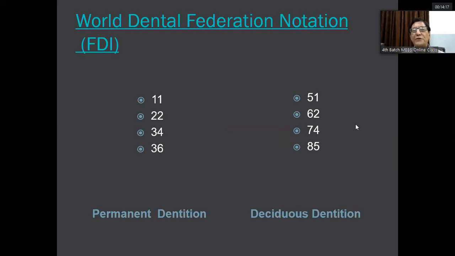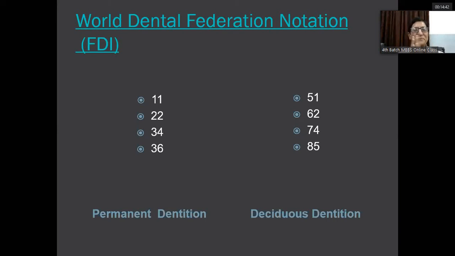Okay, Susan, can you tell all this on the left side one by one? Right upper permanent central incisor. Very good. Left upper permanent canine. No, this is 2. No, lateral incisor. Yeah, lateral incisor.